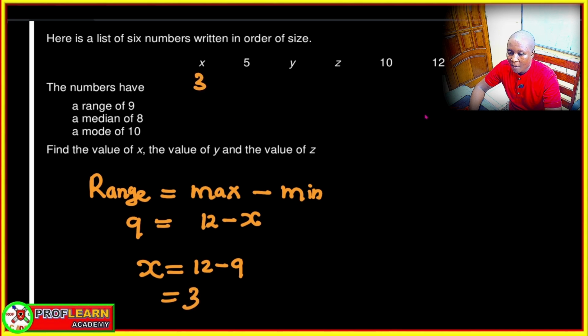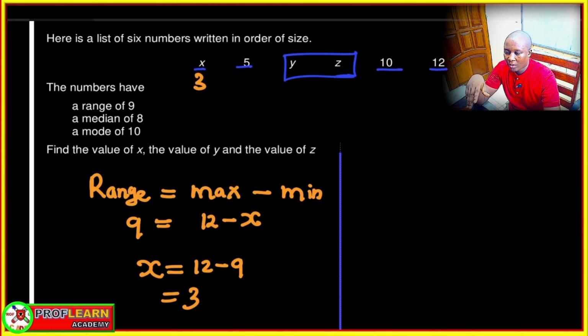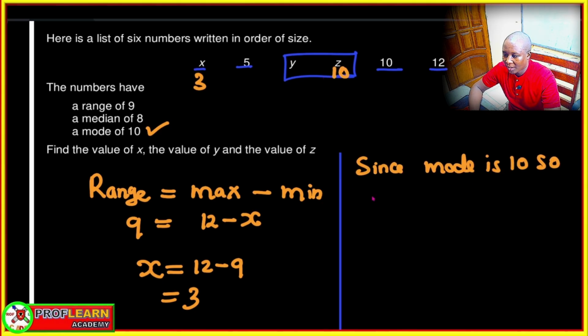x is 3. Then median, we can see the 2 numbers that remain here. For us to find the median, we add them and divide by 2, because you are remaining with 2 numbers in the middle. And then we were told the mode is 10, so z must be 10. If the mode is 10, z should be 10.